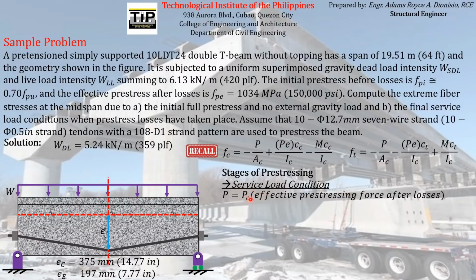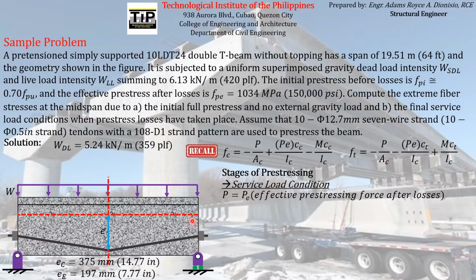So we know for a fact that the effective pre-stress force has a lesser magnitude than the initial pre-stress force, due to the fact that the initial pre-stress force actually diminishes in value due to pre-stress losses, which have several reasons why those losses occur. So we will discuss those reasons, those causes, later on the next chapter.